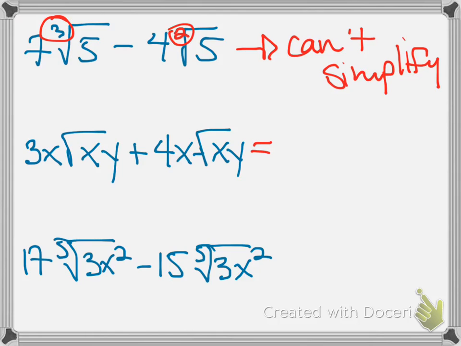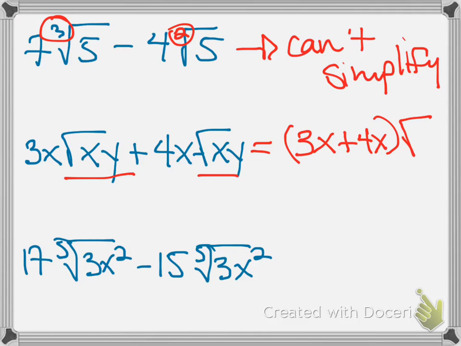So essentially what you're saying is, look, there's a factor of the square root of xy here and a factor of the square root of xy there, which means that you can factor out 3x and 4x from both of those terms, and you're left with the square root of xy. And then, of course, 3x and 4x are like terms, so you could add them together. That gives you 7x. And then you've just got 7x times the square root of xy.